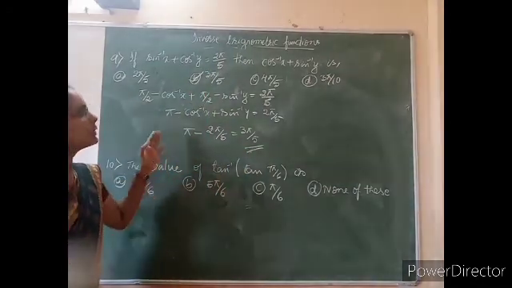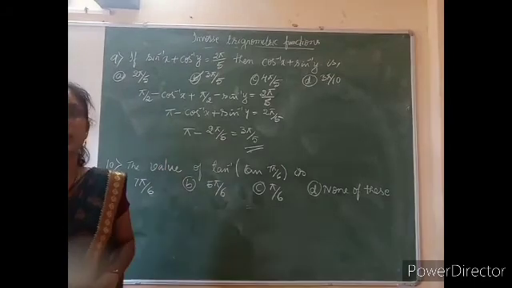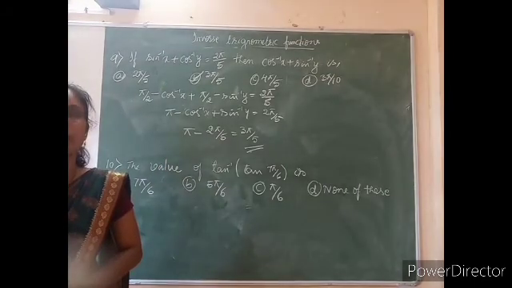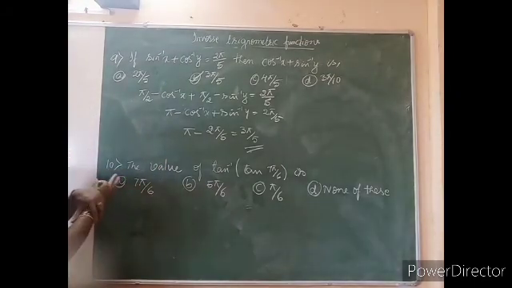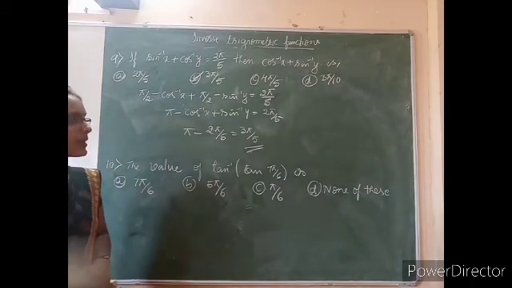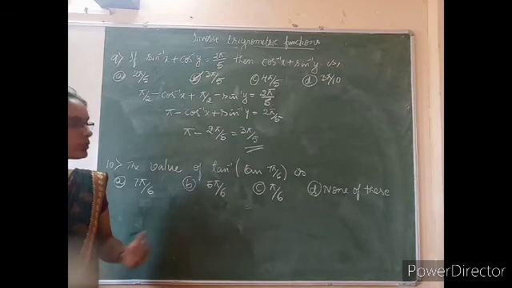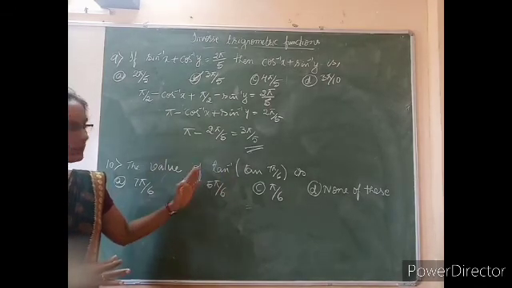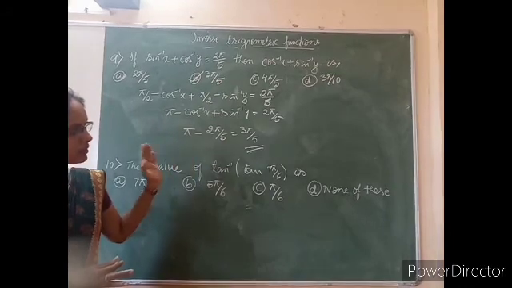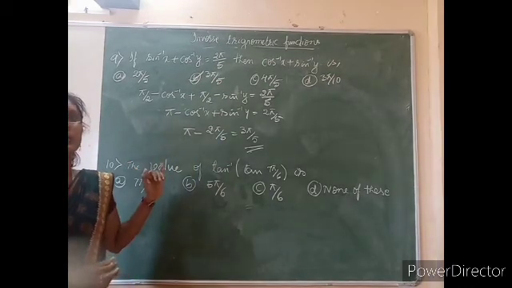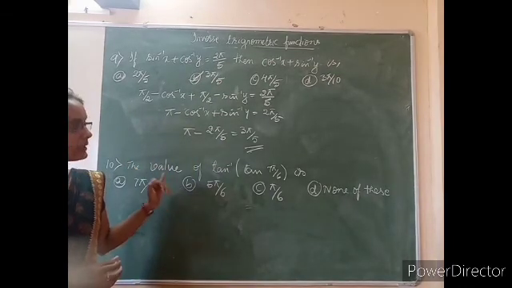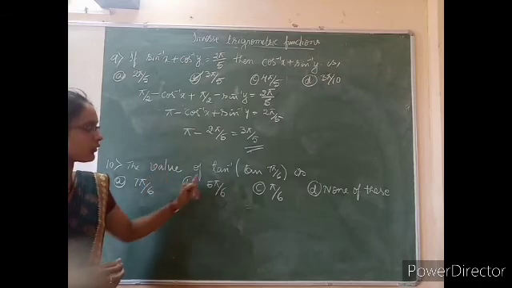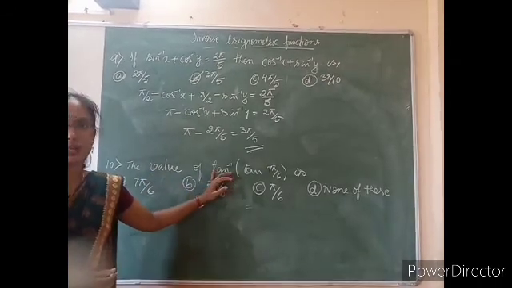So, you must use the concept sine inverse of x plus cos inverse of x is equal to pi by 2 here. And the next question, the value of tan inverse of tan 7 pi by 6 is. To solve such problems, you must have the knowledge of the domain and the principal value branch of the inverse trigonometric function.